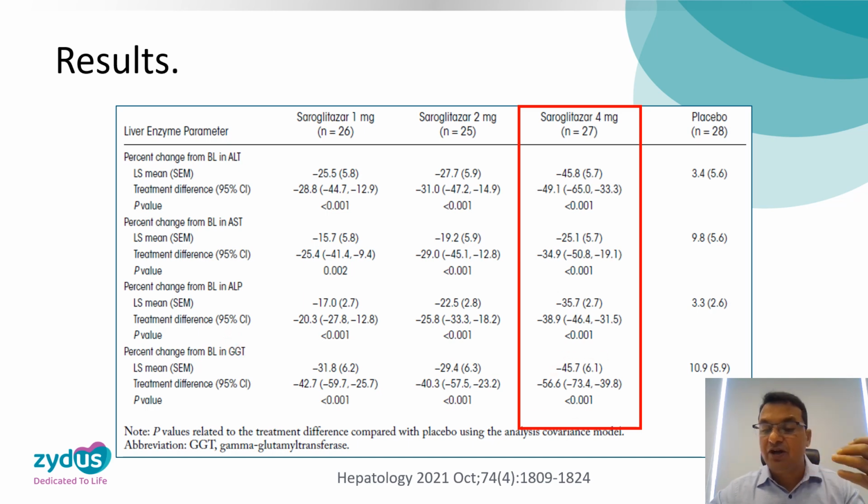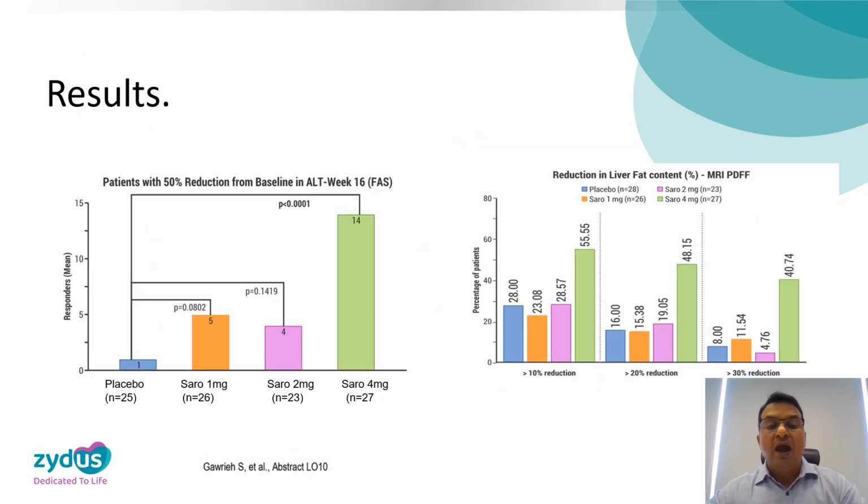So there was significant improvement in the liver enzyme values after 16 weeks of treatment with Saroglitazar 4. And as you can see here, the percentage of patients who achieved 50% reduction in ALT value was much higher in Saroglitazar 4 milligram compared to Saroglitazar 2 or Saroglitazar 1 or placebo arm.